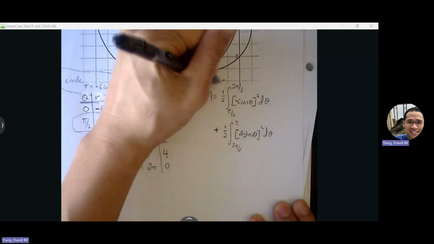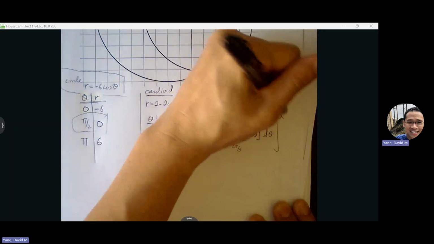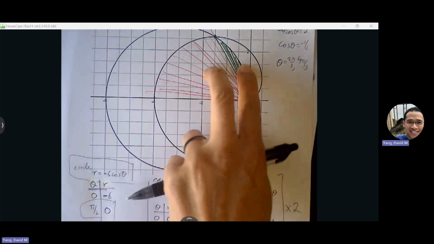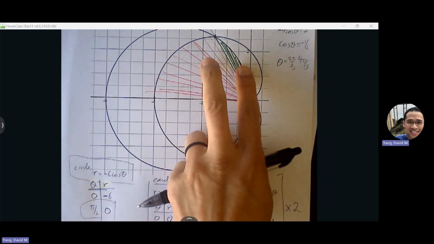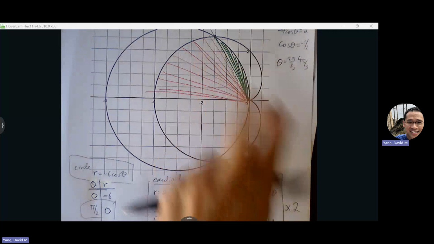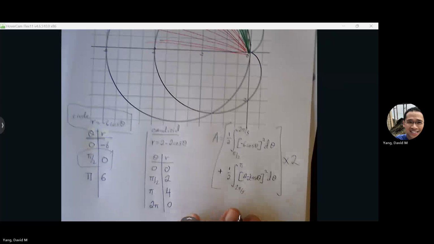And then after that, we just take all that and multiply that by 2. Because after everything is said and done, this is only going to get us half of the shaded region, because there's also this other half as well, but we only need to figure out that half.